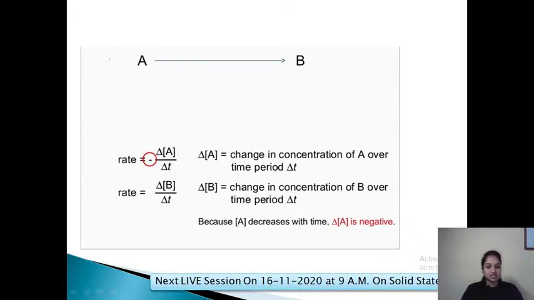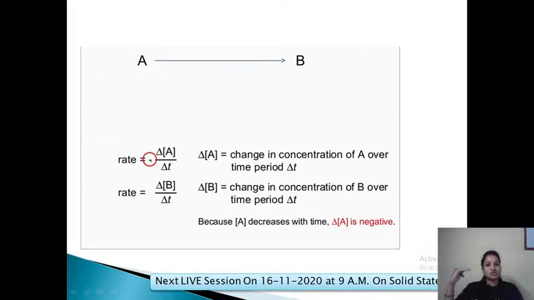Just now we have discussed that the concentration of the reactant decreases, right? Therefore, rate is equal to delta concentration of A, that is, final concentration minus initial concentration, upon time t.